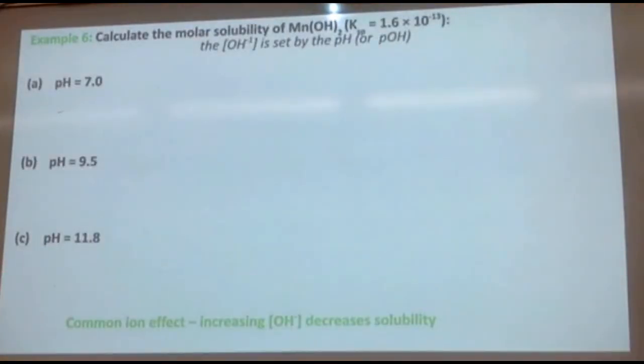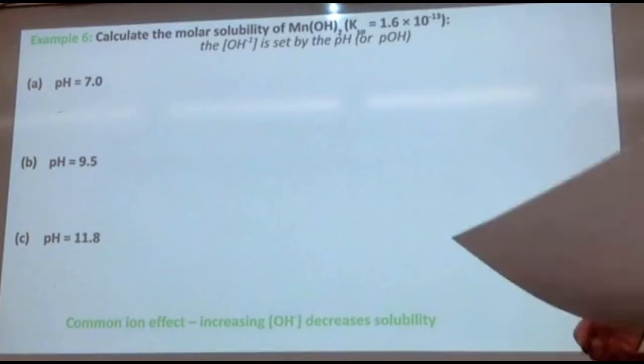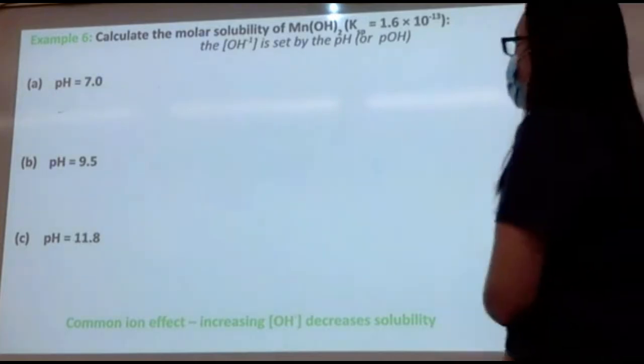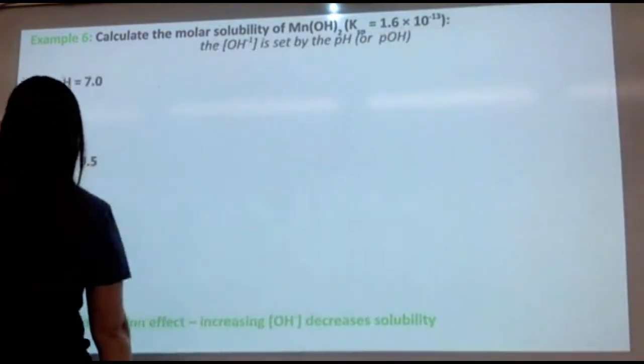So we'll jump into example 6. For example 6, calculate the molar solubility of manganese hydroxide. And they gave us the Ksp. So we're calculating the molar solubility of manganese hydroxide at 3 different pHs.